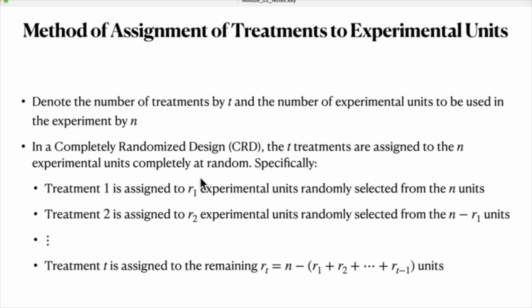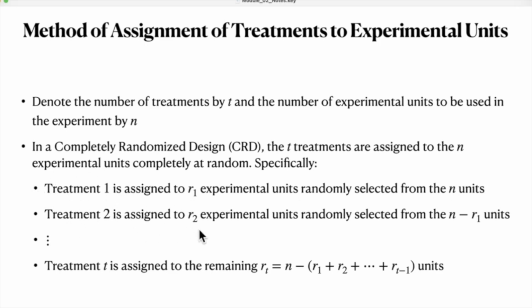All right, and so R here represents replication, or replicate, and so R1 is the number of experimental units that treatment 1 is applied to, and the way that the assignment is done is that we have N units, we randomly select R1 experimental units from the N units, and then we assign treatment 1 to those units.